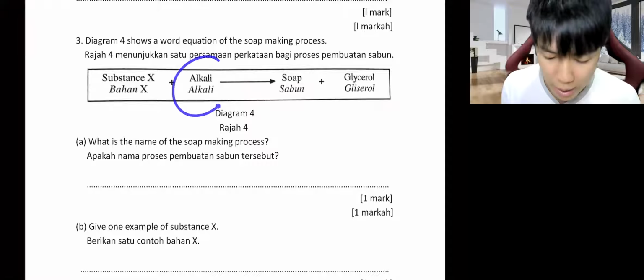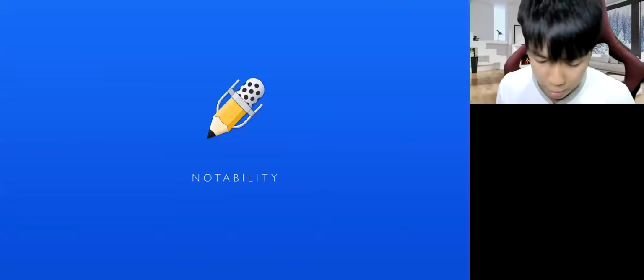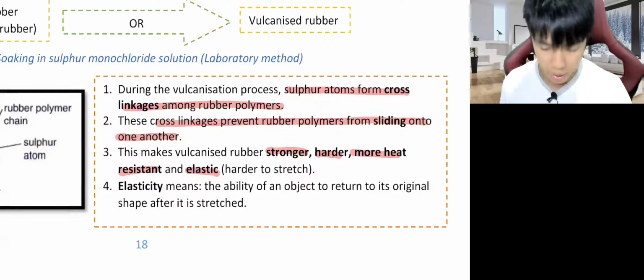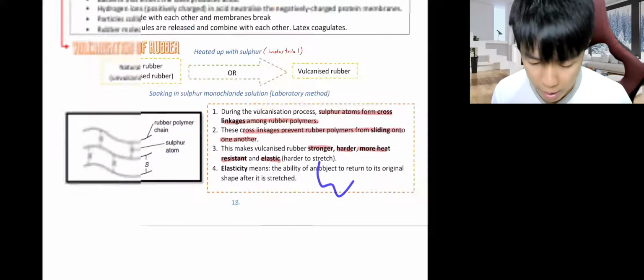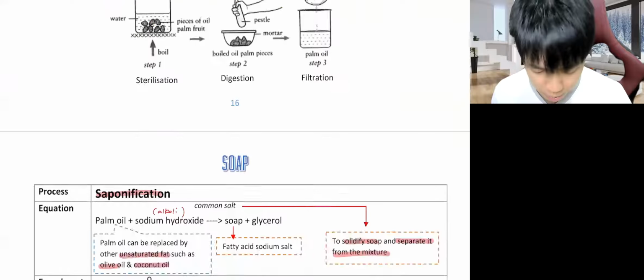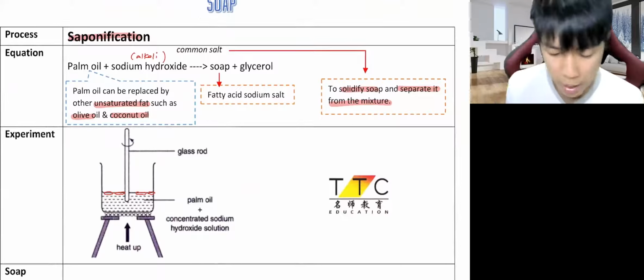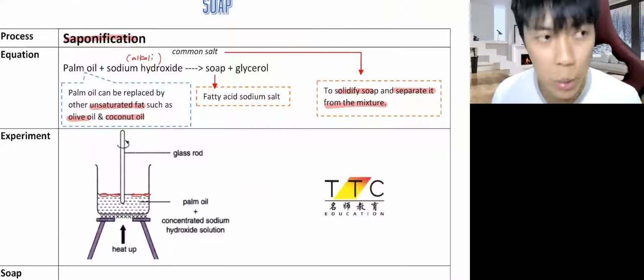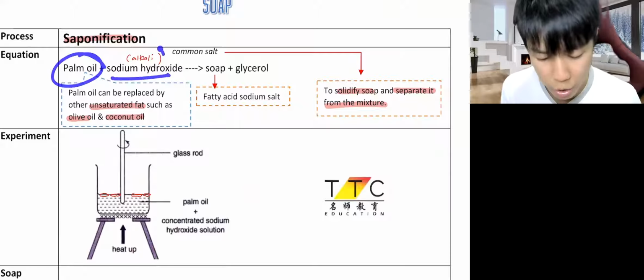Okay, and alkaline. Since we're talking about this, let me quickly show you the equation as well. The method is saponification, the process of making soap. And the ingredient is this, or I should say your equation. So palm oil plus sodium hydroxide, which is alkaline.